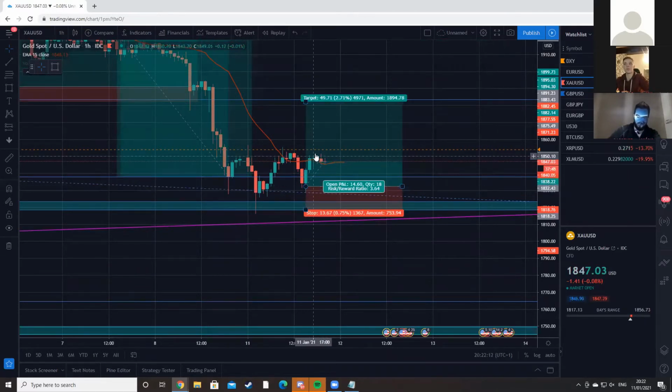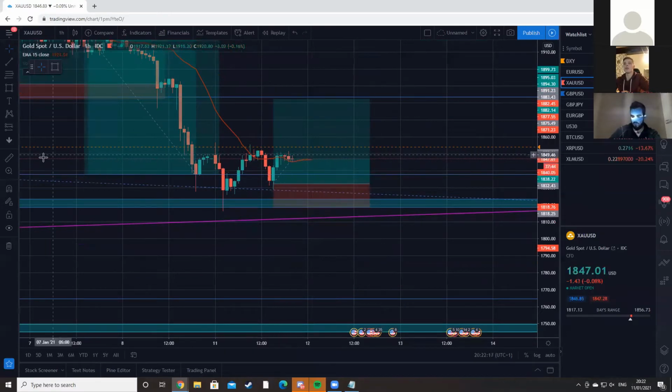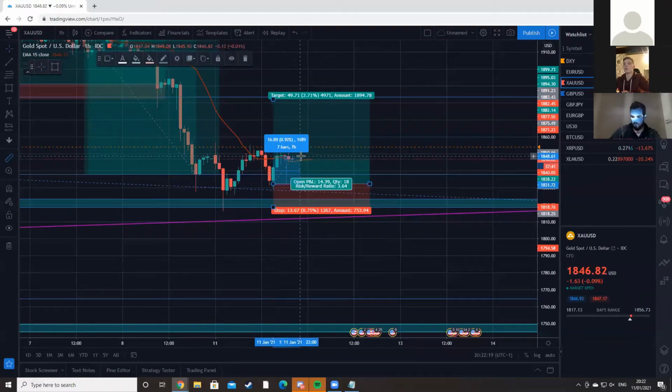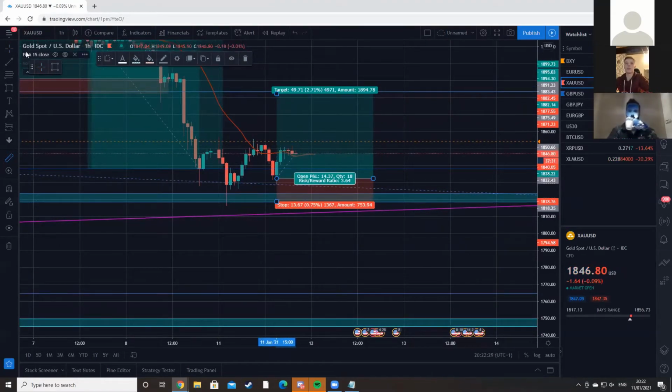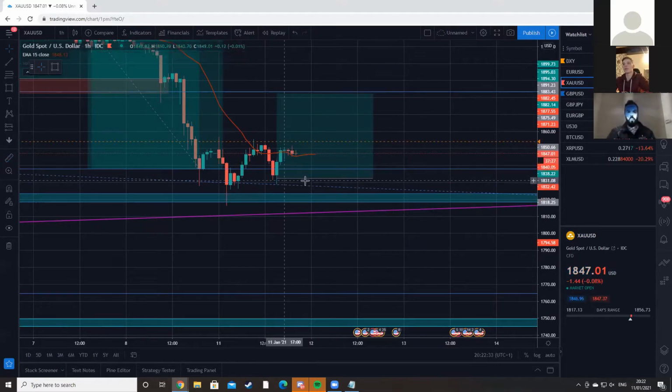I've entered here for a small move to the upside. We are now, let's see, 160 pips in profit, so that's perfect for me. My stop loss is already in profit. I think I'm 40 pips in profit with my stop loss, so this can go up.